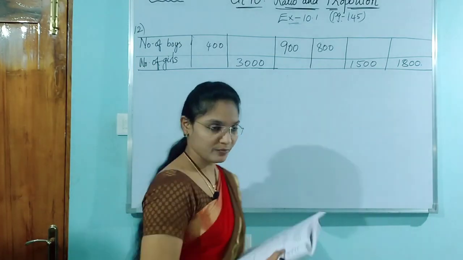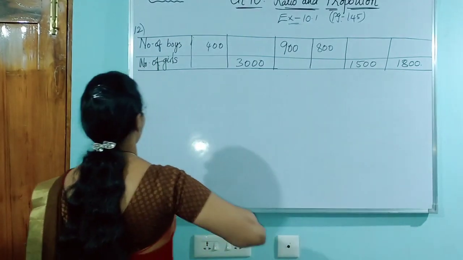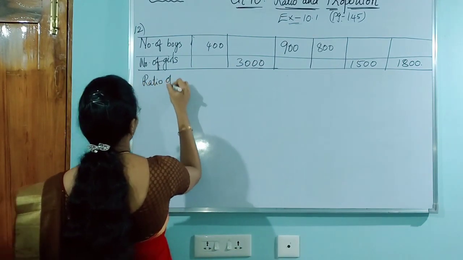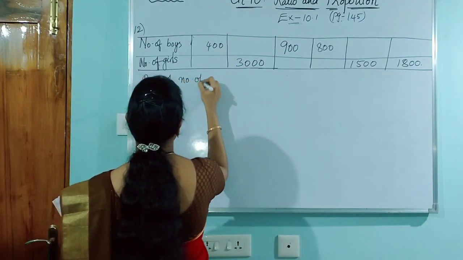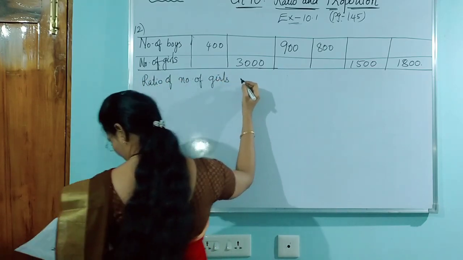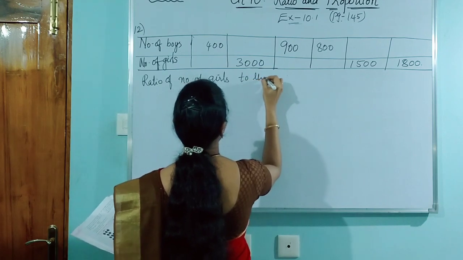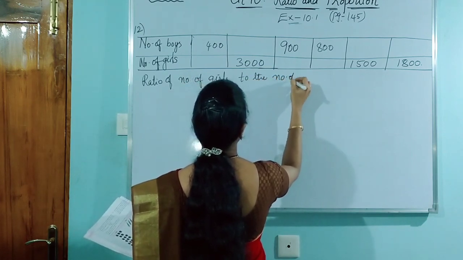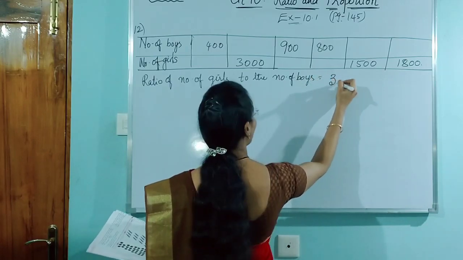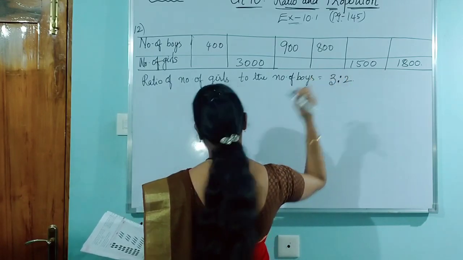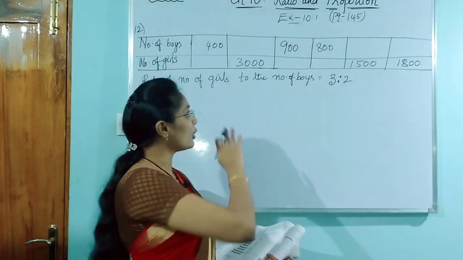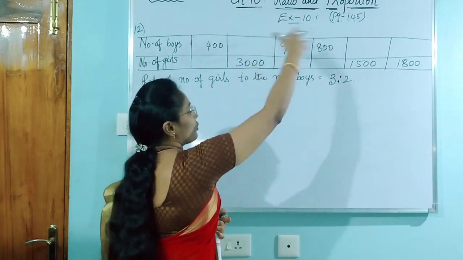The given ratio of the number of girls to the number of boys is 3:2. Based on this ratio, we have to complete the following table.